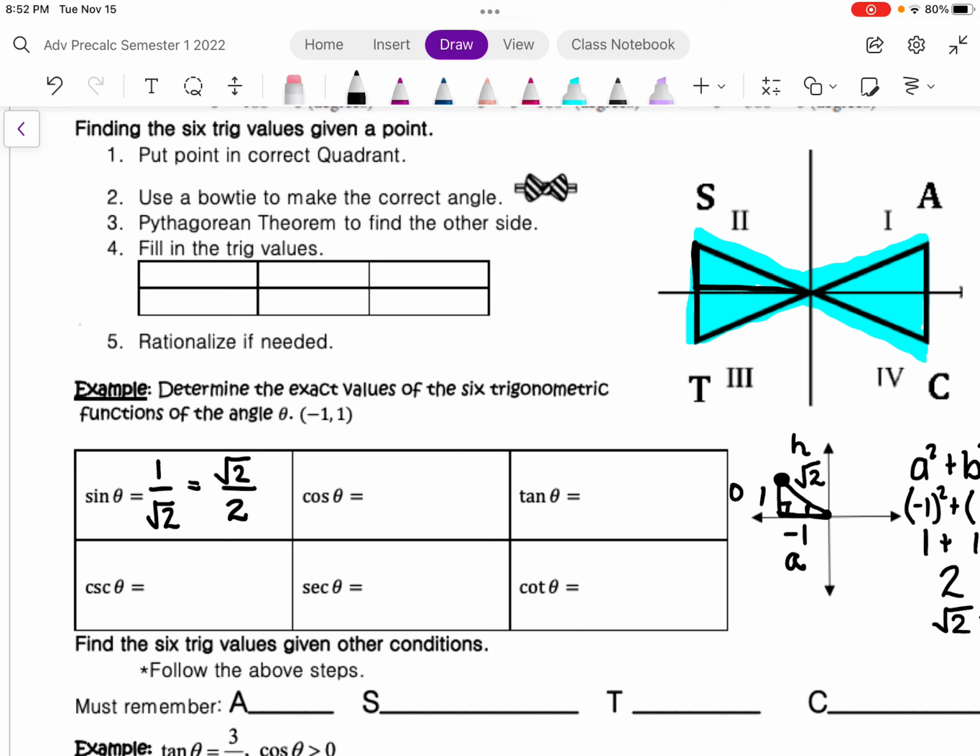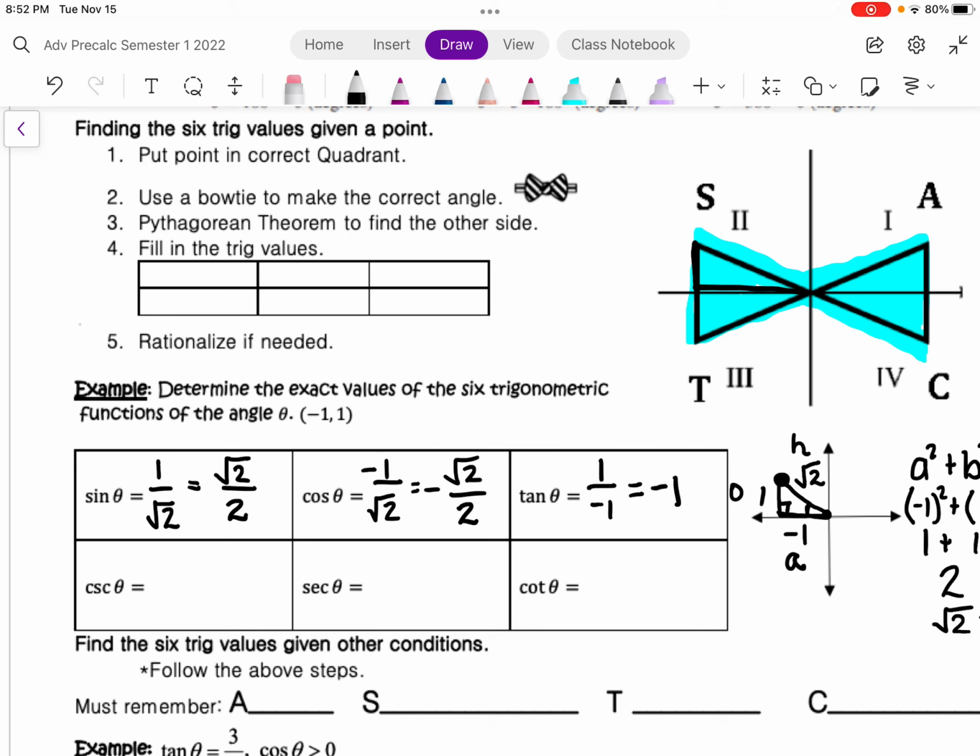See the previous video if you need some examples of rationalizing. Cosine would be the x value, so -1, over the hypotenuse. Same idea there, rationalizing. That is negative square root of 2 over 2. And tangent is opposite over adjacent, which is just -1.